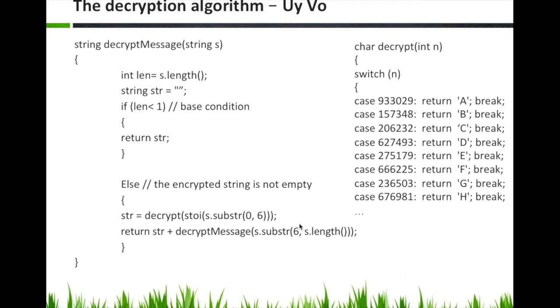It means the 7th element to the end of the string, and we put the remainder of the encrypted string into the decrypt message. It means using a recursion of this function, and the process will repeat again and again until the string becomes empty, and it is the end of the string.